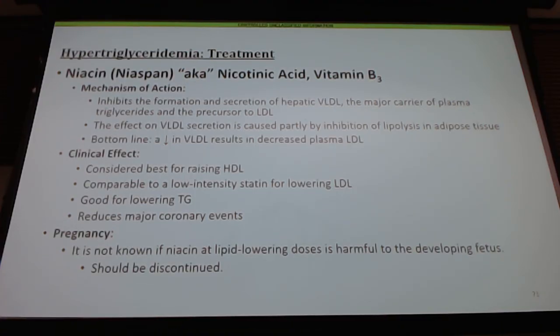So this could be something to prescribe, but the side effects often limit our patient compliance and the desire for our patients to continue to take this, particularly the flushing that goes along with it, where they feel like they're on fire after they take such a large dose of this. So this has some limited utility just because patients may not be able to tolerate it.